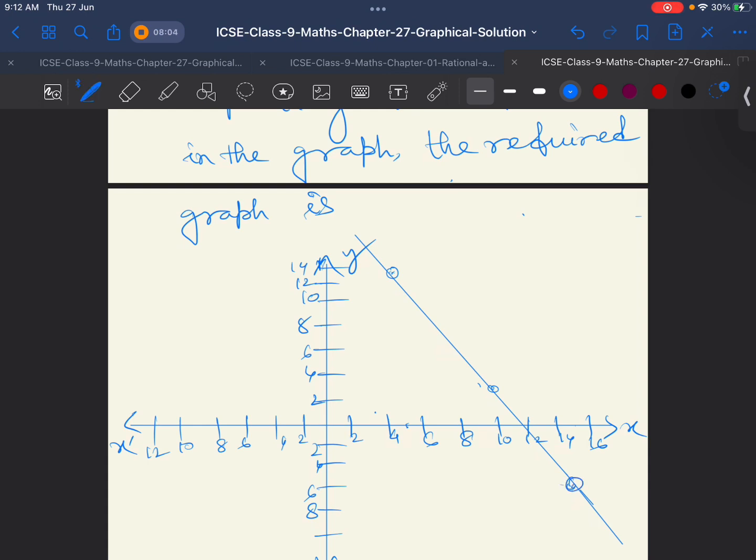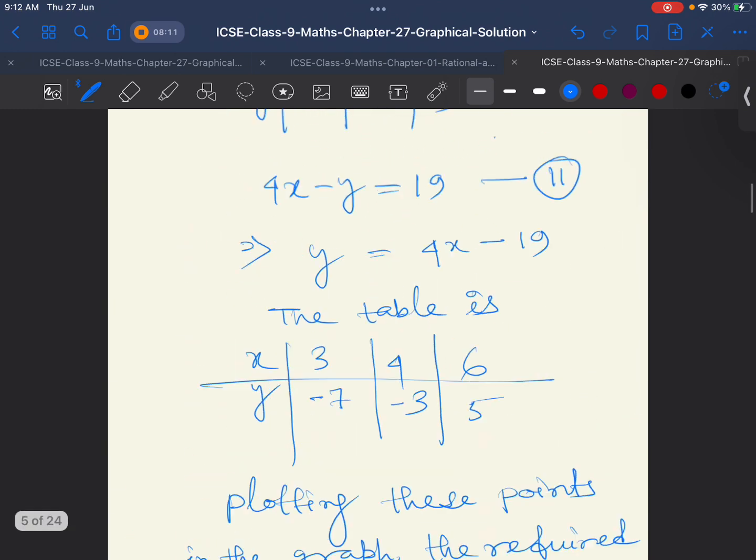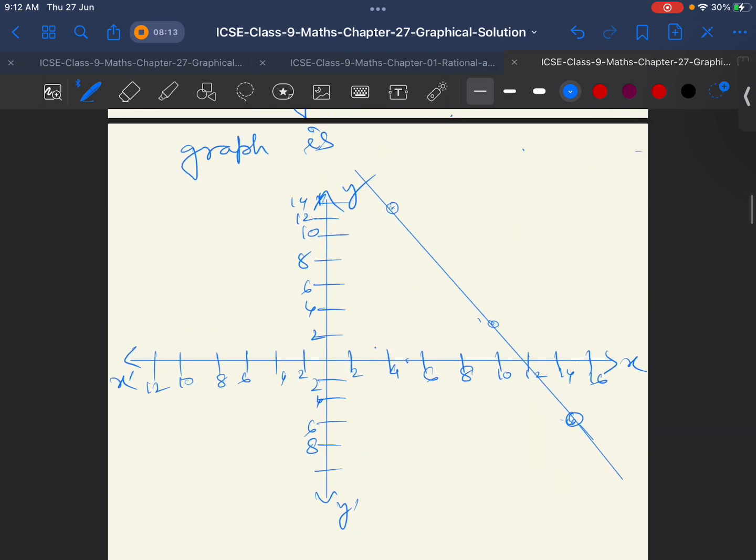Now we plot the points of equation 2. 3, minus 7: look, 3, minus 7 is here, and 4, minus 3 is here, and 6, 5 is here. So now we draw the line. Okay, this is the line.